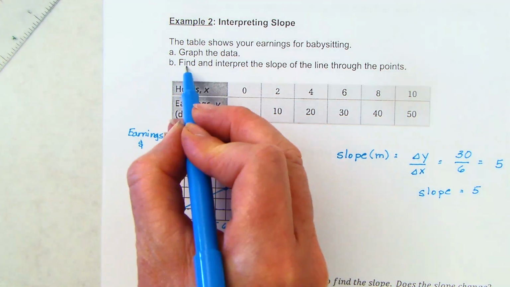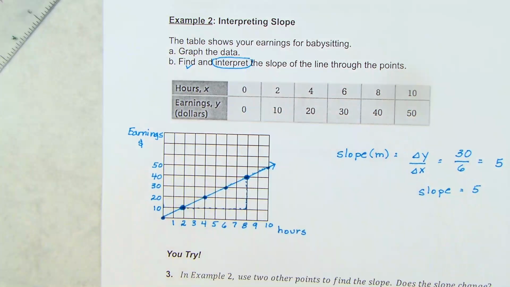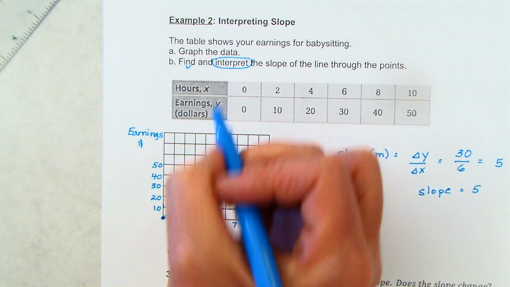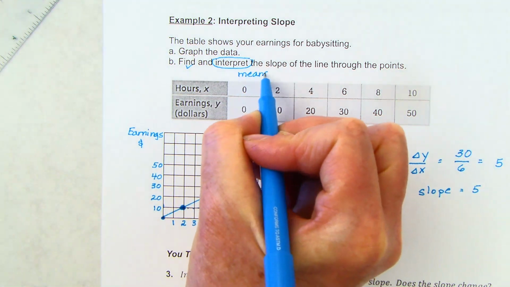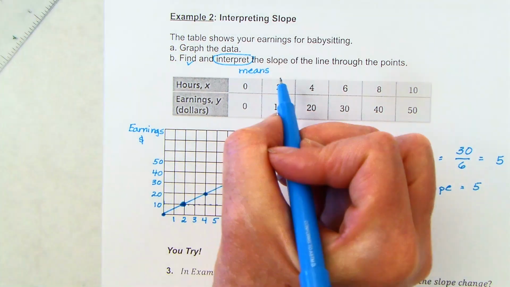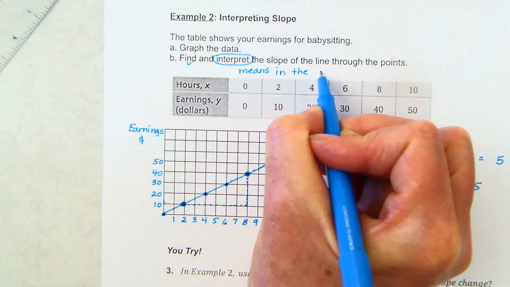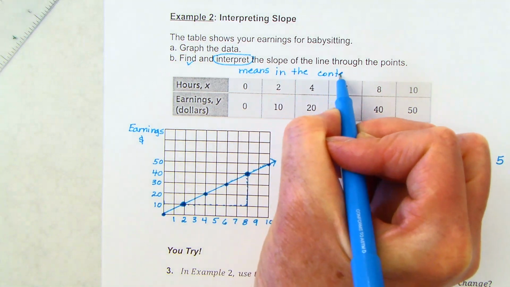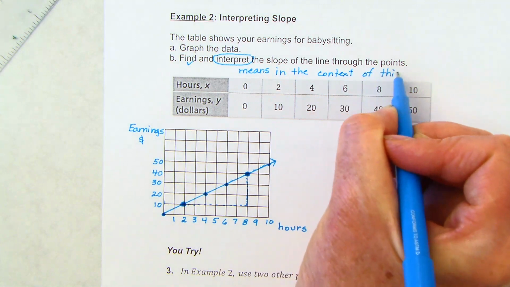Okay, and then we have a new word. So we found it. Now we have to interpret. Interpreting the slope doesn't mean tell me what the slope is. It means tell me what the slope means. What's the slope mean? In the context of this problem, I'll add that here, means in the context of this problem.